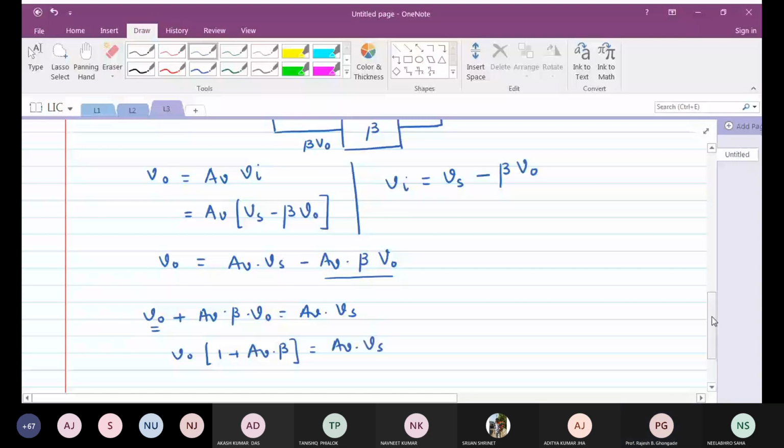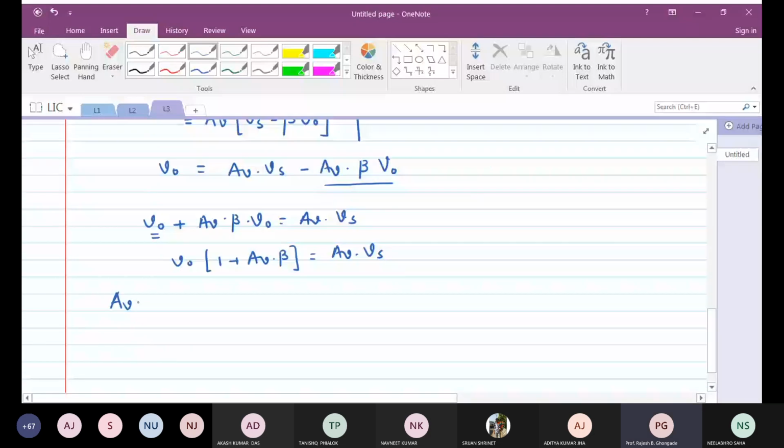AVF is going to be VO by Vs. Using this equation, VO by Vs is AV divided by 1 plus AV into beta.